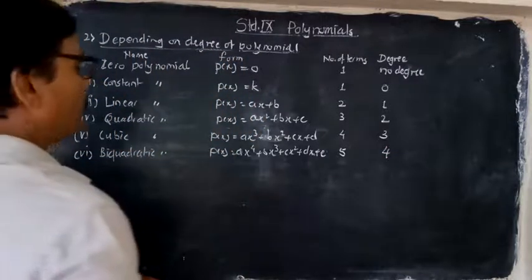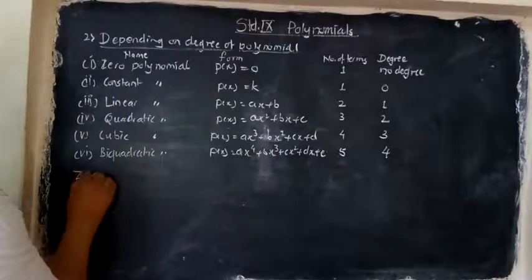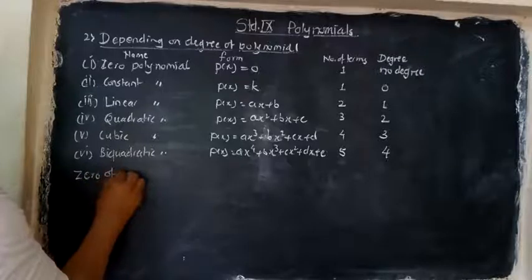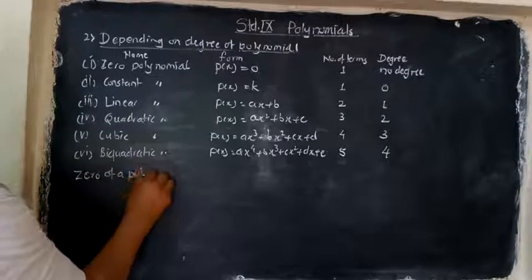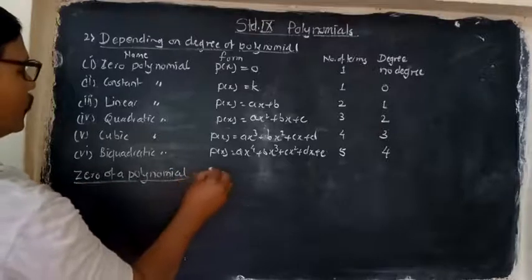Now we will see the concept of zero of a polynomial. Zero of a polynomial. Now what is meant by zero of a polynomial?